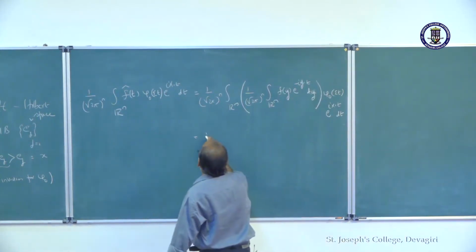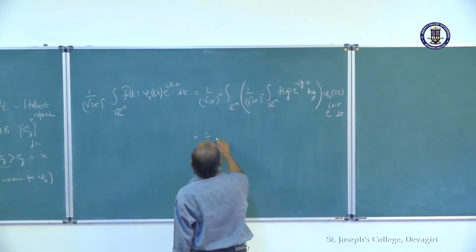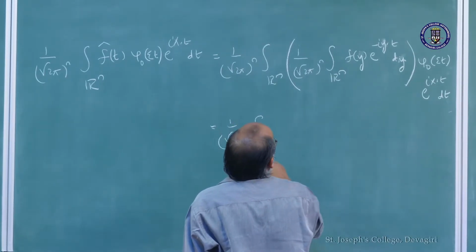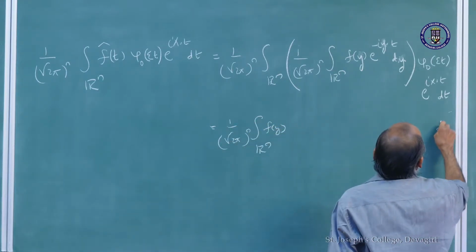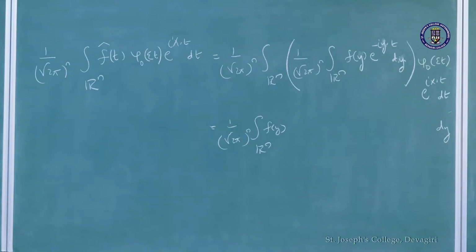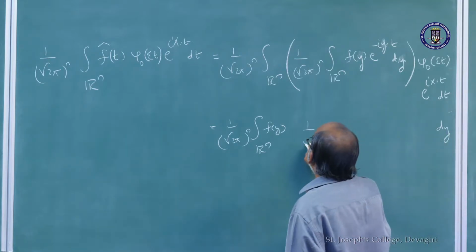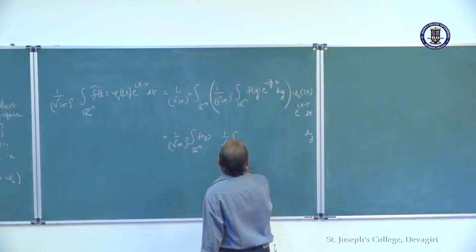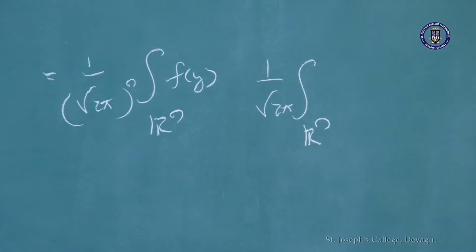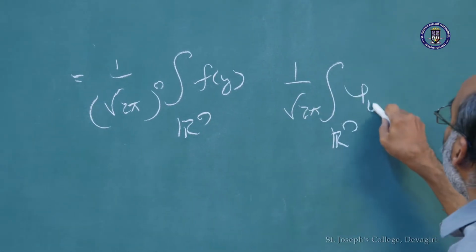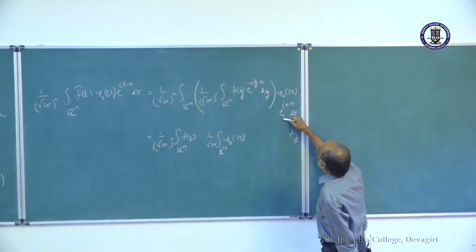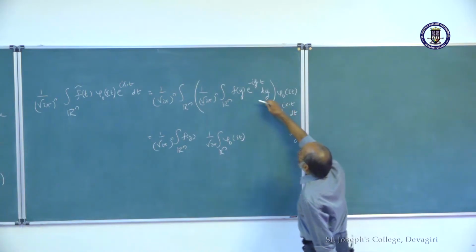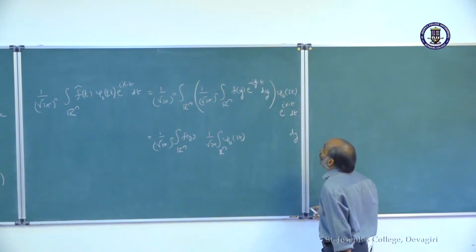So, I have 1 by root 2 pi to the n, integral over Rn, f of y dy, right. So, I have taken the dy integral outside, and I put the dt integral inside. So, that is 1 by root 2 pi to the n integral over Rn. Well, what are the things I have? I have phi 0 of epsilon t, right, and I have the exponentials e to the i x dot t and e to the minus i y dot t.